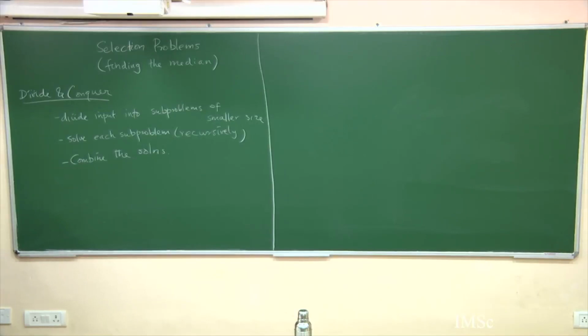Right. So, what are some examples of problems using divide and conquer you have seen? Merge sort, quick sort.